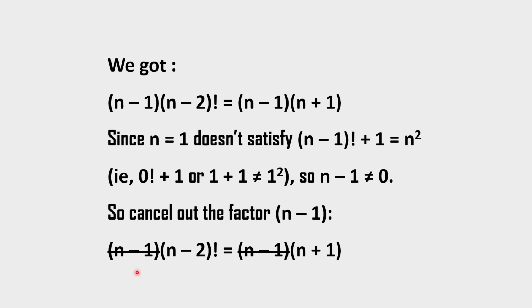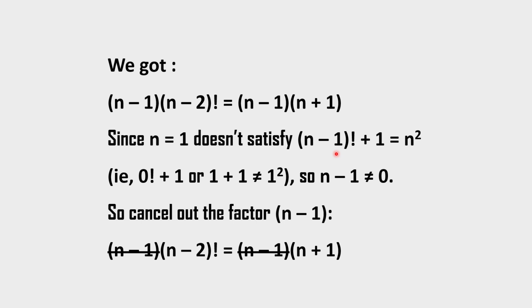So cancel out the factor. We have shown it by drawing a line, by cutting it out. So we get (n minus 2) factorial equal to n plus 1. We have removed the factor n minus 1 from both sides, or we can say we have divided both sides by n minus 1 after making sure that n minus 1 is not 0, because n equal to 1 does not satisfy the given equation.